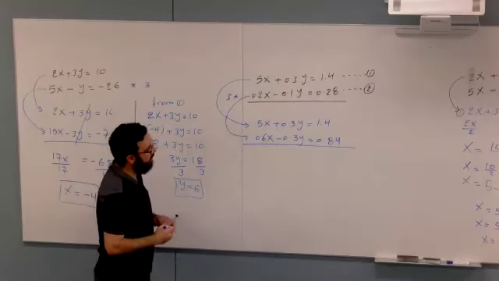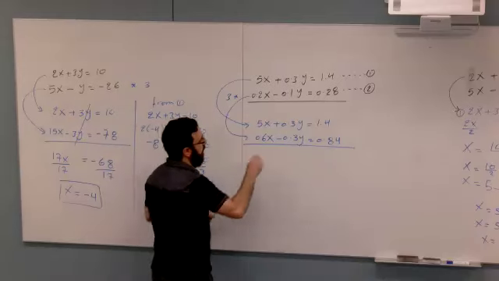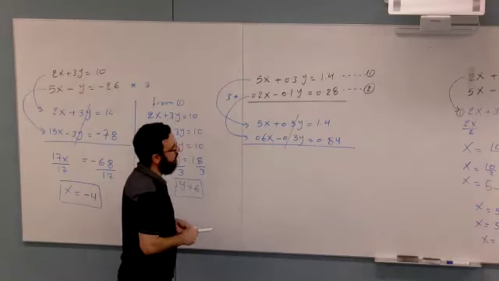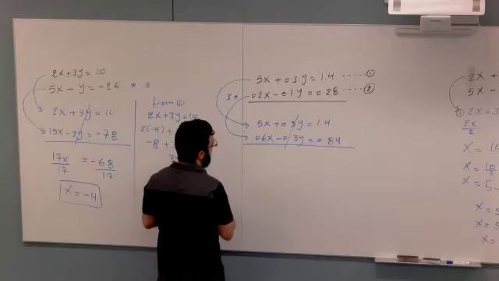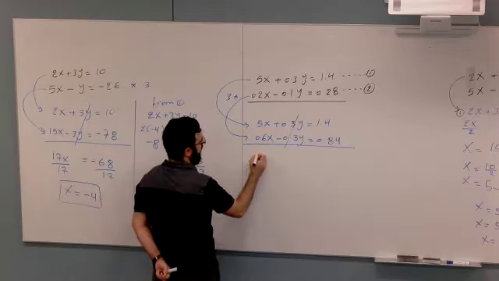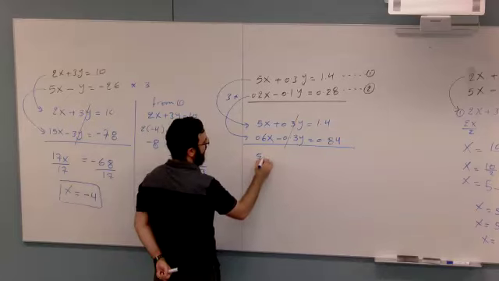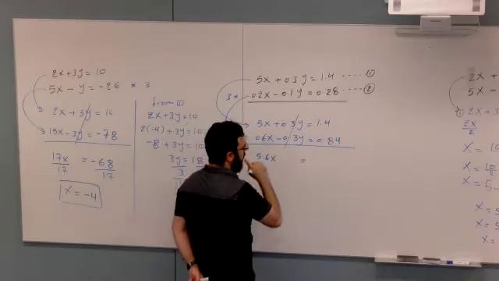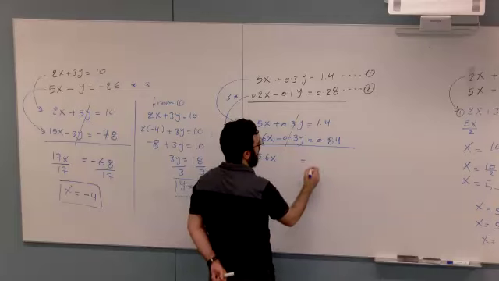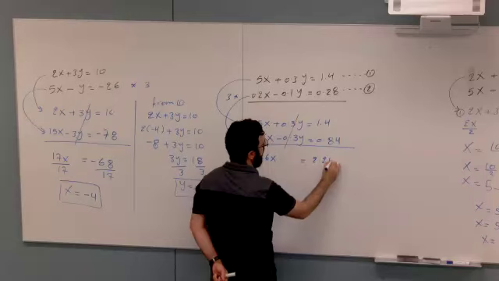Now, can I cancel one of the variables? Yes. This is 0. 5 plus 0.6 is 5.6x equal what? 2.24.